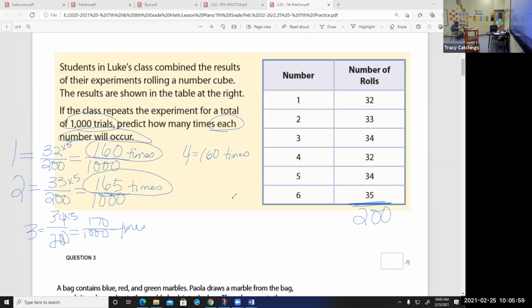All right, so that also means we know which other one. We got 1, 2, 3, 4. We got 5. Now looking at 6. 35 out of 200. We're trying to get to 1,000. We already know multiply by 5. Here, 175.